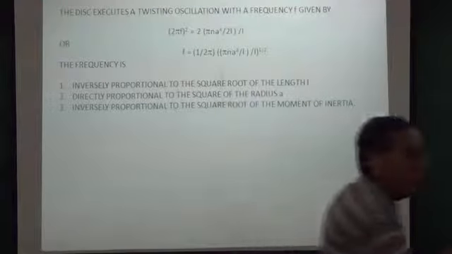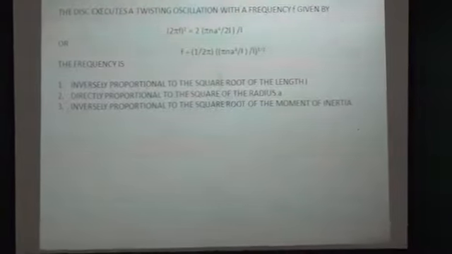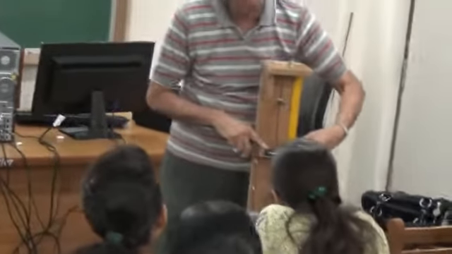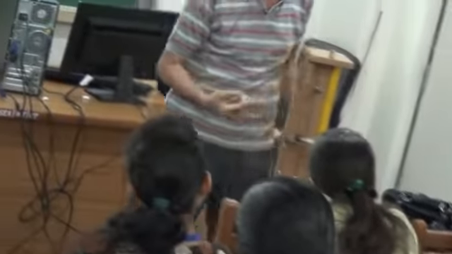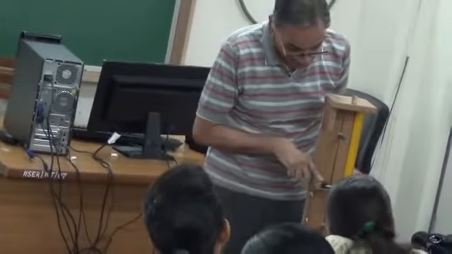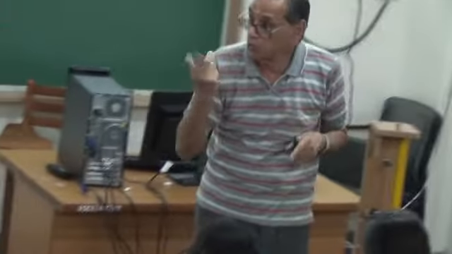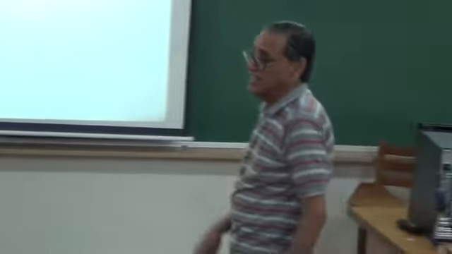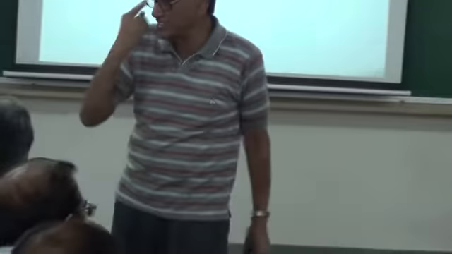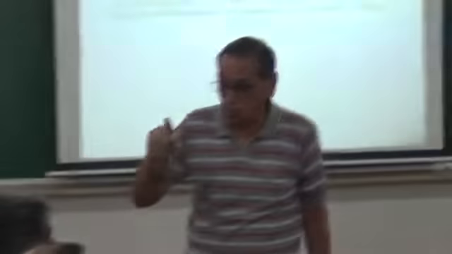But to make it twist, I have to attach 2 rods to which I have fixed small magnets. These are 2 coils. So the current goes through the 2 coils in series. This coil will push this magnet this way, and this coil will push this magnet this way. So you get a torque. So you get a twisting force. But if I have large magnets, I must add the moment of inertia due to the magnets also.